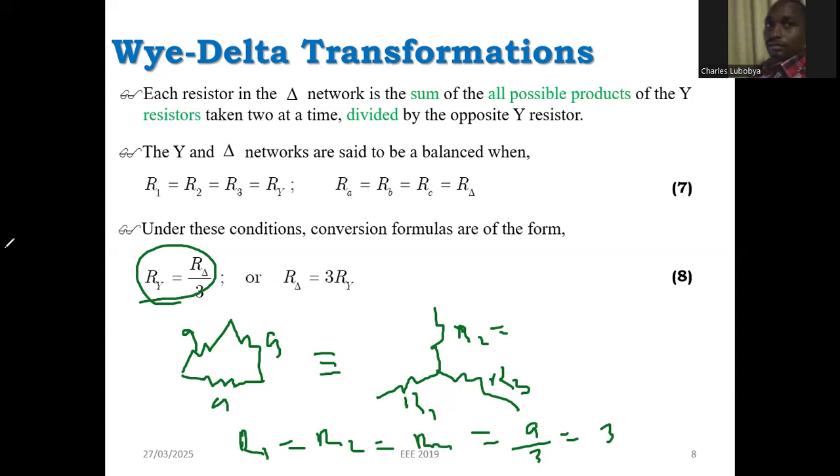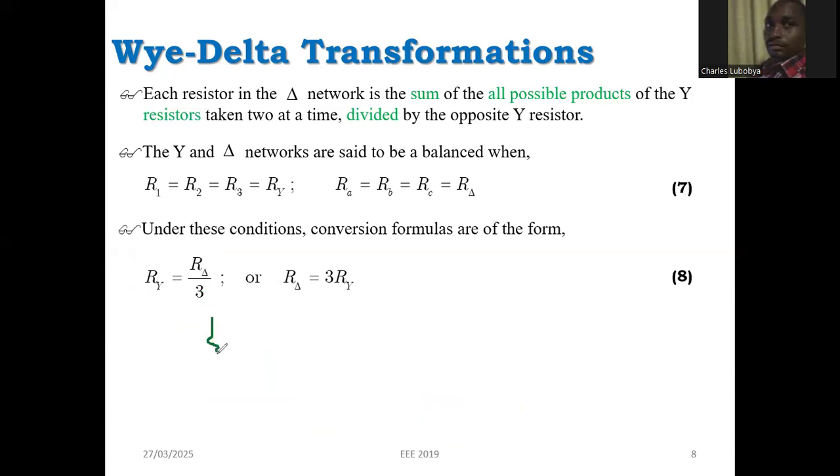Equally, you can do the same, assuming you have a star circuit and the resistors in that star are all the same. Let's assume it's 3. Then you want to take it to equivalent delta.